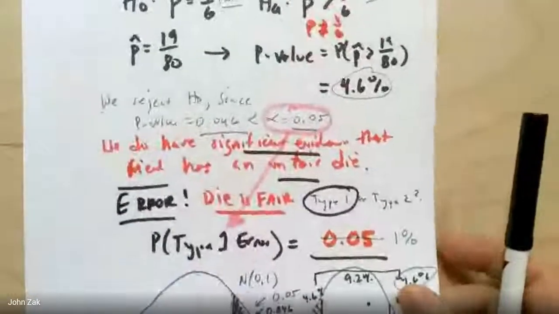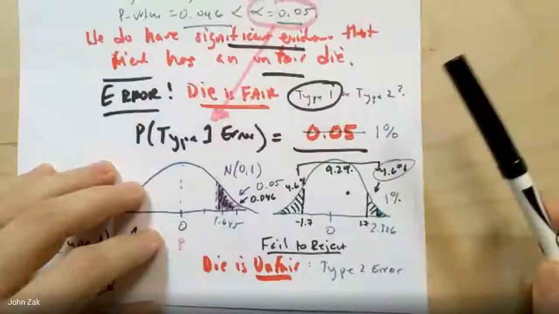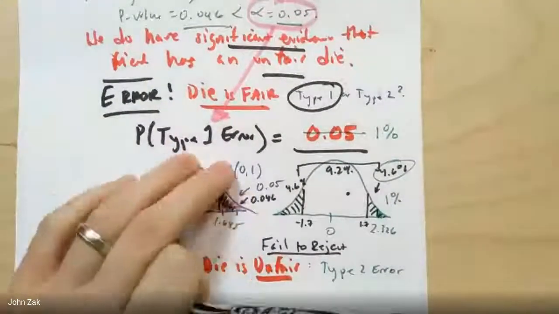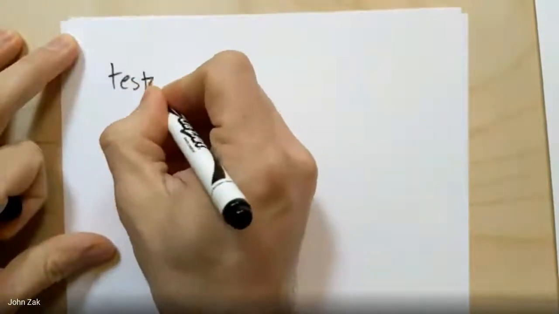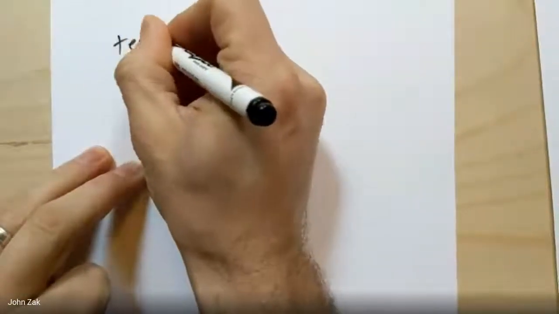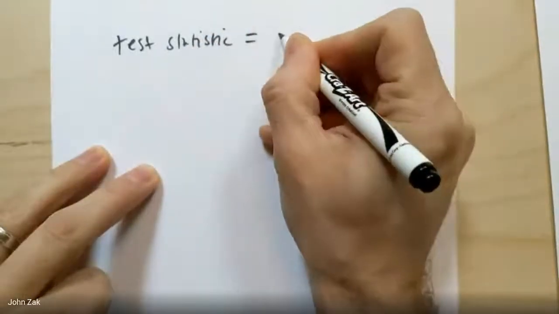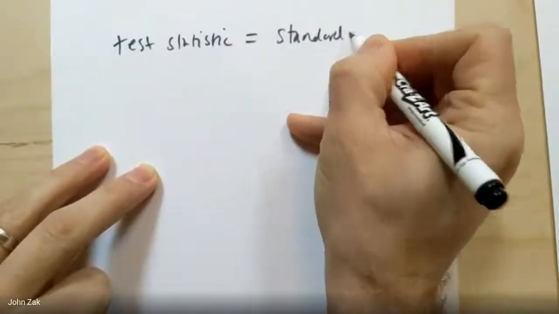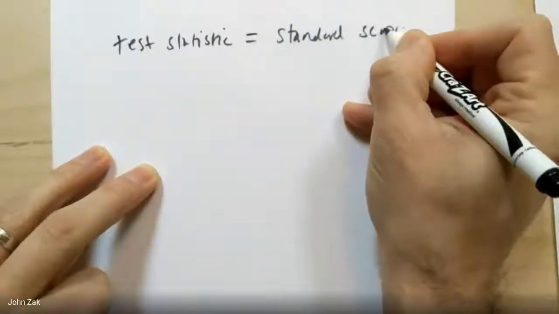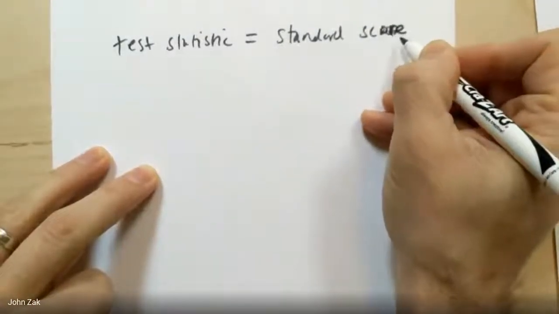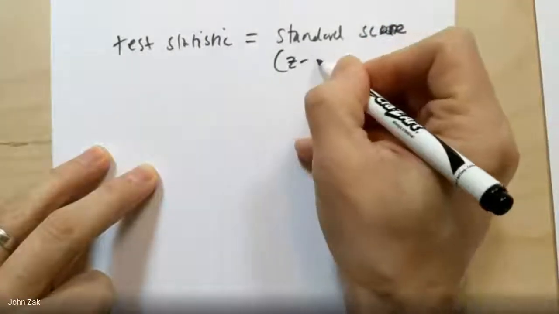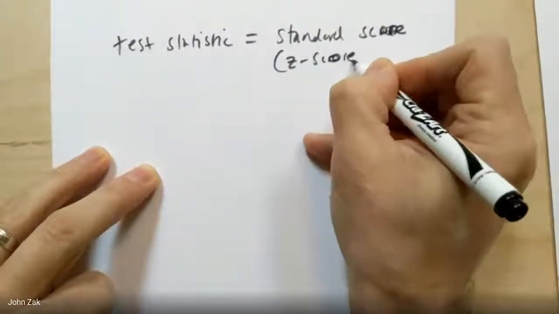What is a test statistic? Just Z? Yeah, pretty much. We haven't actually formally defined the test statistic yet, and I will next week, but I'll say that the test statistic equals a standard score, which is just a z-score, right?